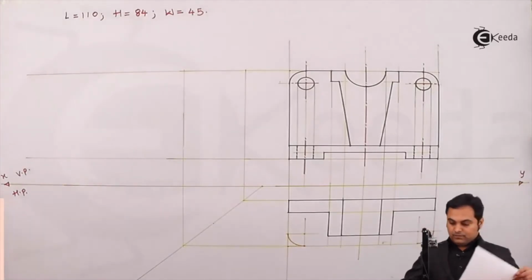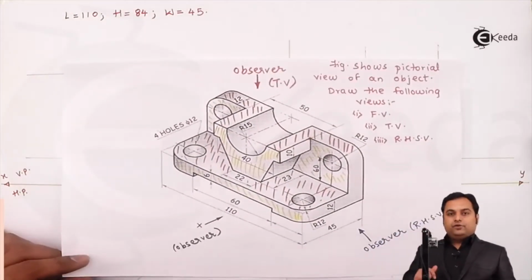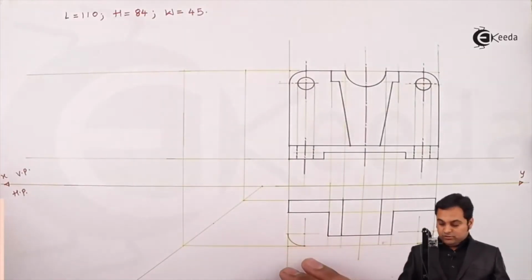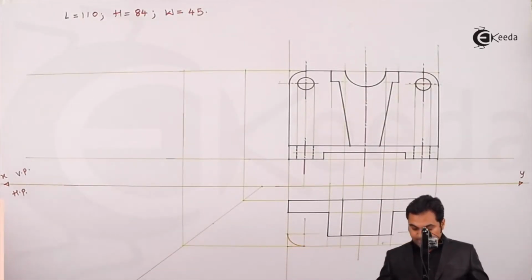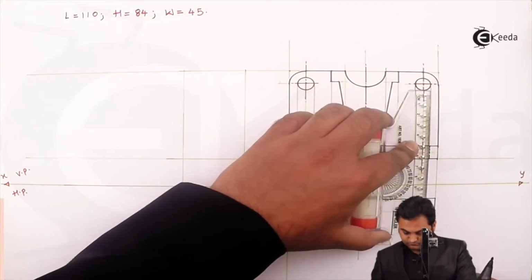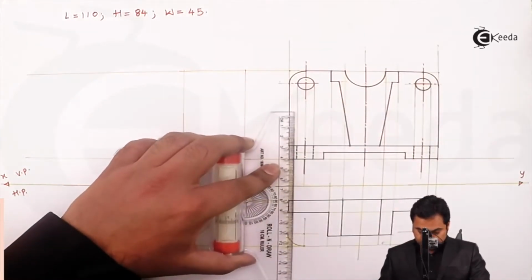Then at the same time, looking from top, these two circles having diameter 12 mm are also visible. So projecting their radius, they are here and even here.